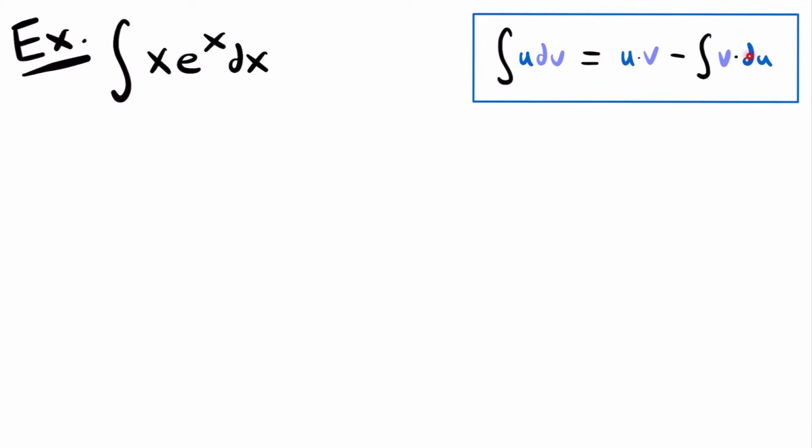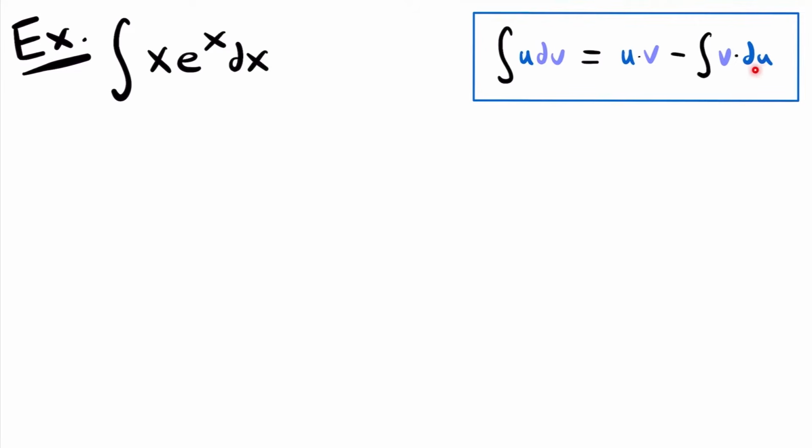Specifically, to get du, similar to u substitution, we are going to need to take the derivative of whatever we set equal to u. And then in order to get v, we are going to need to integrate whatever we set equal to dv. And so when determining what to set equal to u and dv, you want to ask yourself, which of the two functions in my integral, if I set equal to u, will get simpler when I take its derivative?